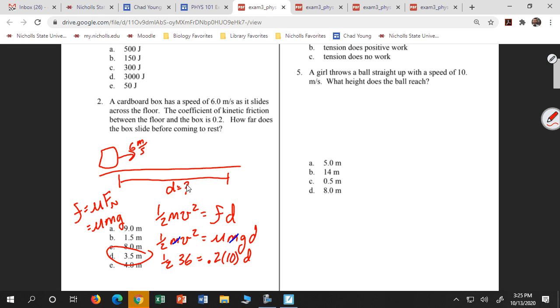Is that right? 9? All right, hold on. This is 18 equals 2d. Why is it 5? I would say 2. Oh, yeah. Right. 18 divided by 2, so d is 9. You're right. 9 meters. Sorry, it's been a long day.